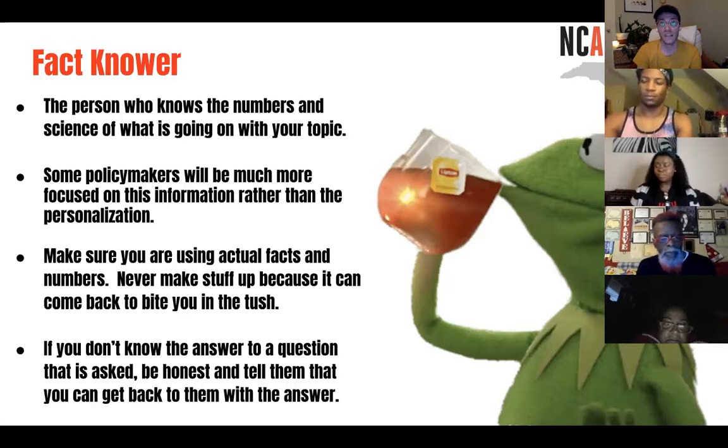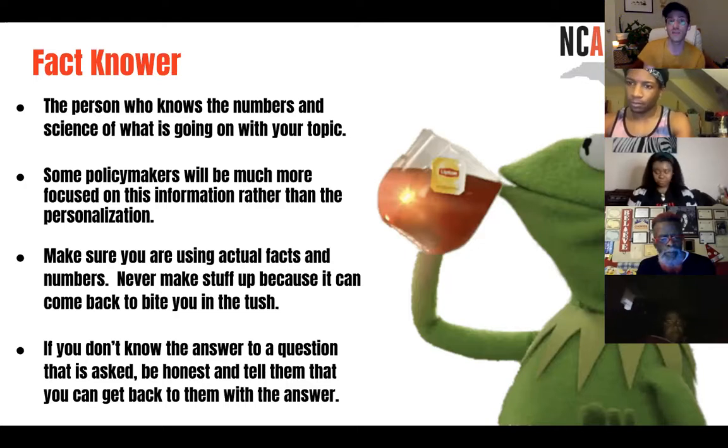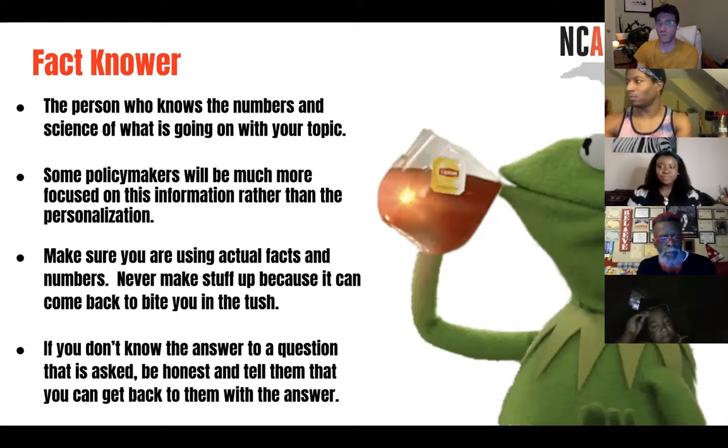And similar to the way that we mentioned that it's good if the storyteller can work hand in hand with the policy initiatives that you're talking about, it's really good to have a fact knower that's able to work with the storyteller and be like, oh, you talked about this, and I have here some data about X, Y, and Z. So for the PrEP user, I had trouble getting PrEP. I went to the doctor and they said I didn't need it, and I still need PrEP.